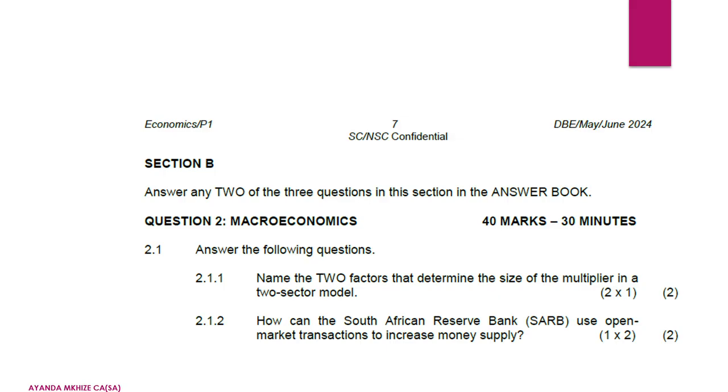The South African Reserve Bank can increase the money supply through open market operations by purchasing government securities or other eligible assets from the commercial banks. This action injects liquidity, or money, into the banking system, increasing the reserves available for lending and ultimately boosting the money supply. So what does that mean?